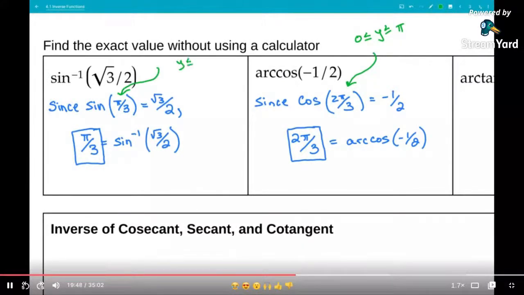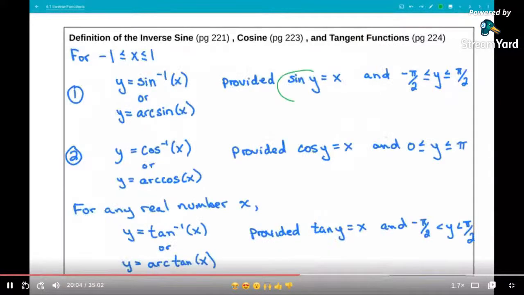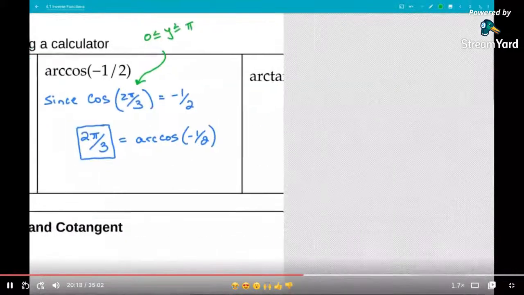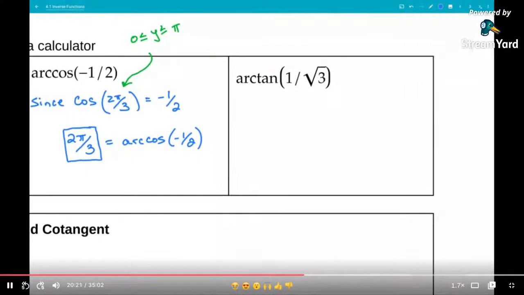All I'm emphasizing is that your angle must be between negative pi over 2 and pi over 2 for inverse sine, and 0 and pi for inverse cosine. So that's important.